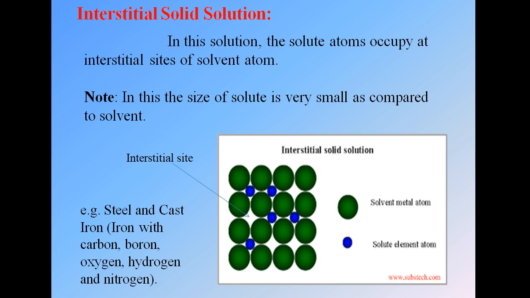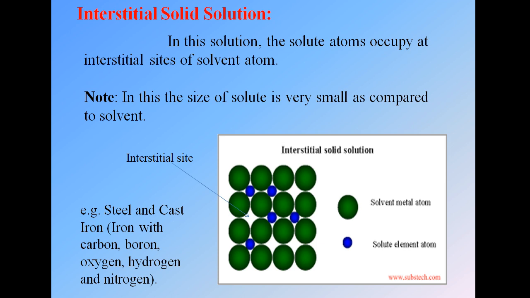The best example is steel and cast iron, because in this the green solvent atoms are nothing but iron. They have the bigger size, and the smaller solute atoms in blue are carbon, boron, oxygen, hydrogen and nitrogen. They are placed at interstitial sites because they have the lower size.